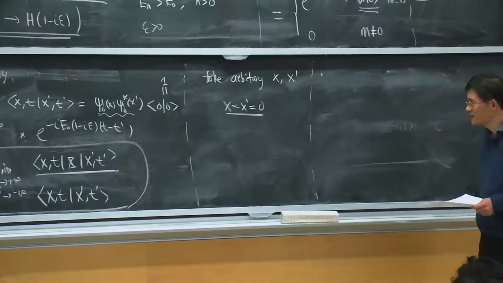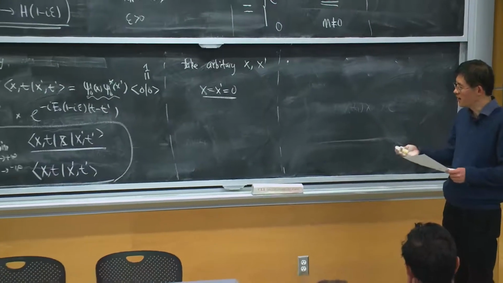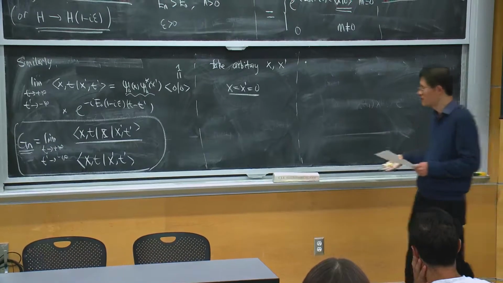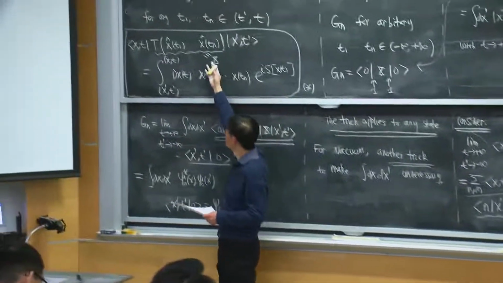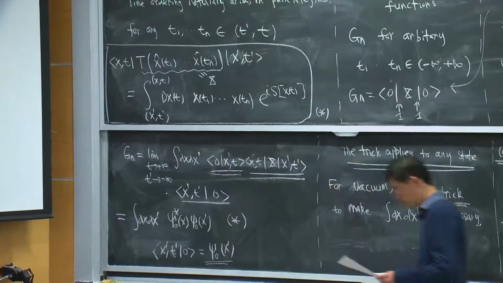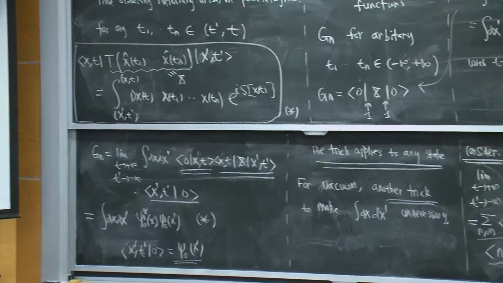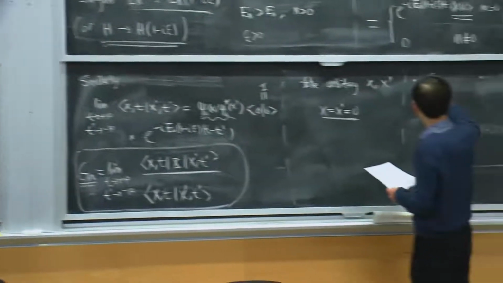But often it's actually not the smartest way to directly calculate such an endpoint function. Okay, it's often not the smartest way. So there's something a little bit more clever. It's called a generating functional.